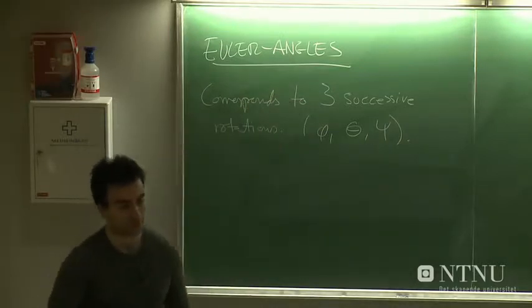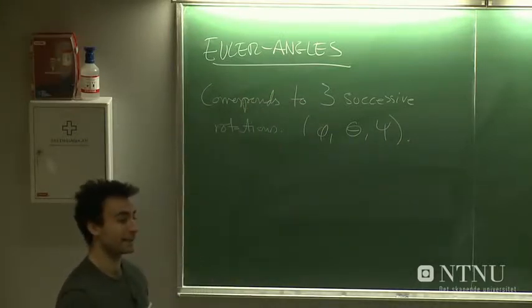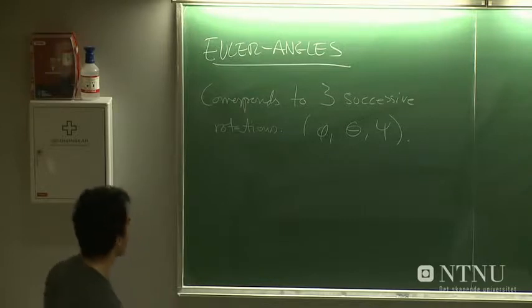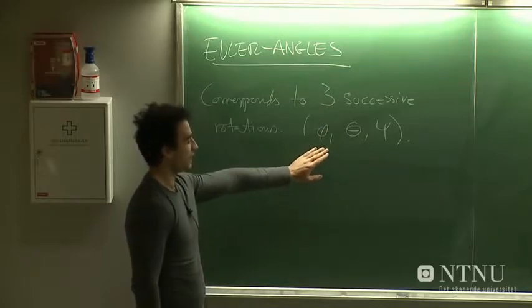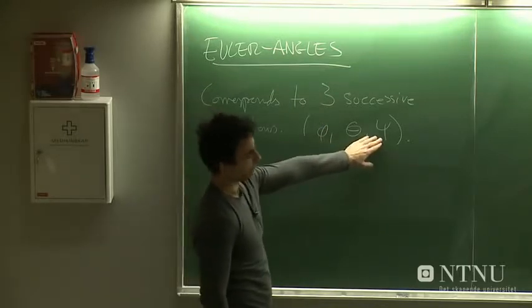So what we'll do, sort of our strategy for describing a completely general rotation in 3 dimensions, is to basically do 3 successive rotations with an angle phi, theta, and psi.